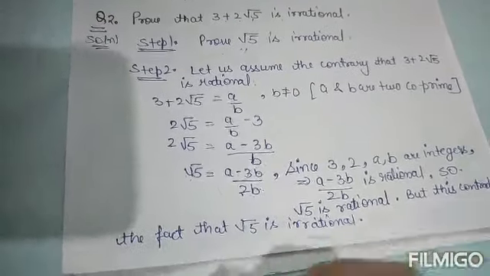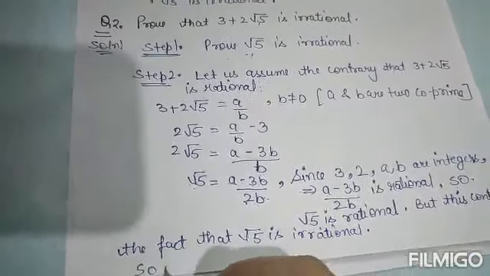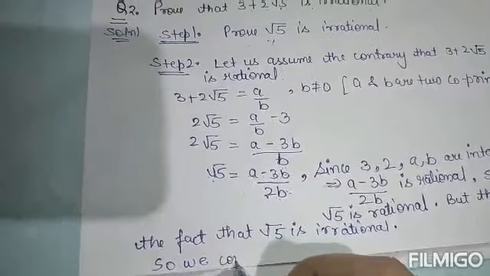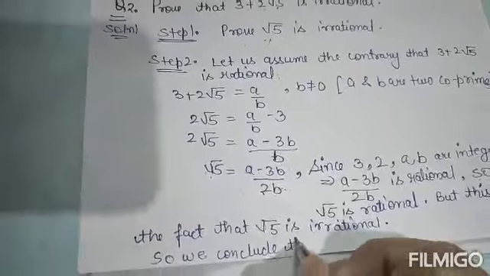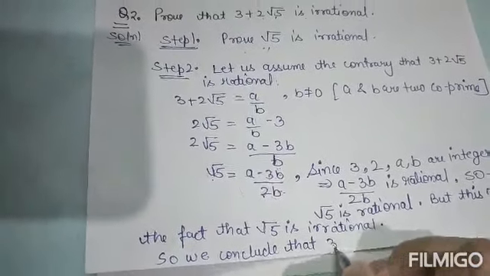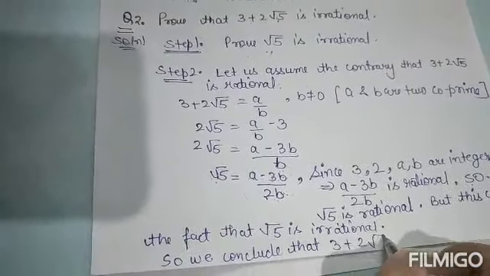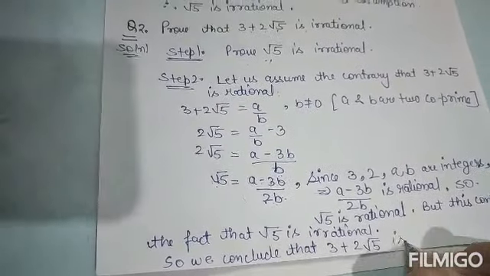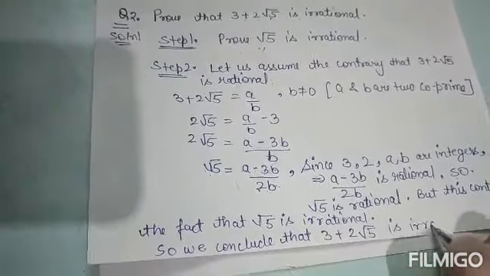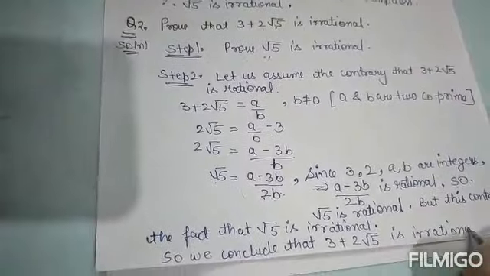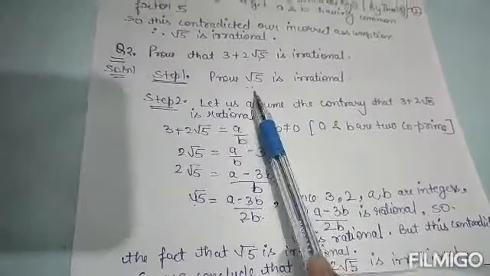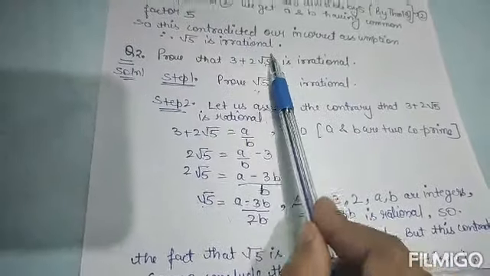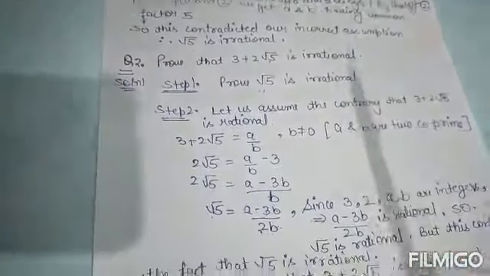Okay, so we conclude, क्या conclusion निकल के आता है, that 3 plus 2 square root 5 is irrational. Look, we have proved. So for proving it, first step should be we have to prove root 5 as irrational, which we have done already.